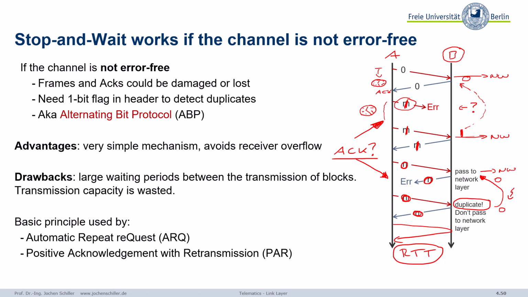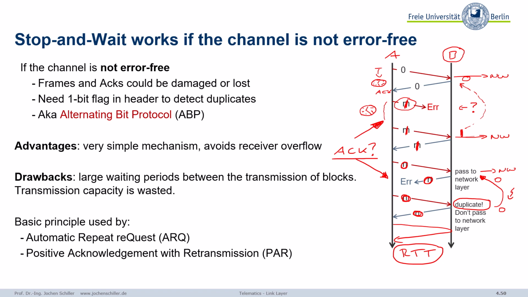So, you see, here we have a very basic setting with this alternating bit protocol, and you see also that we automatically trigger the repetition of sending a packet. So you repeat it automatically. Why?